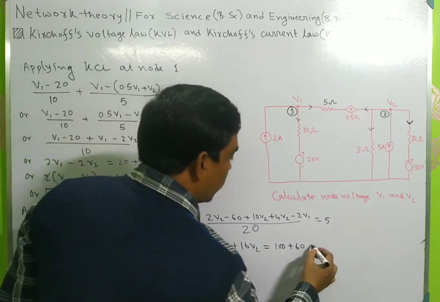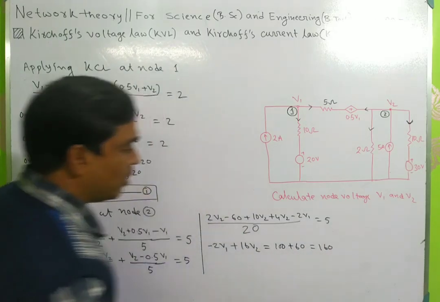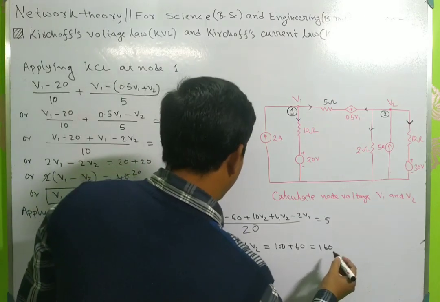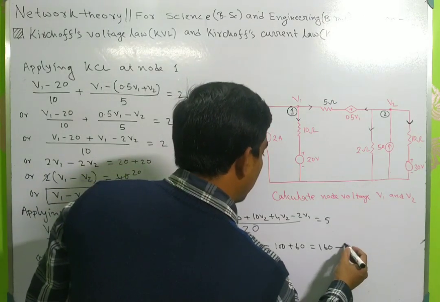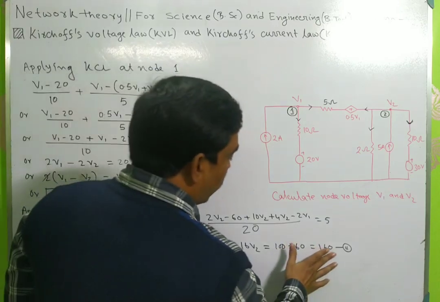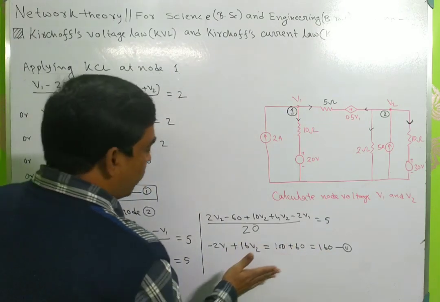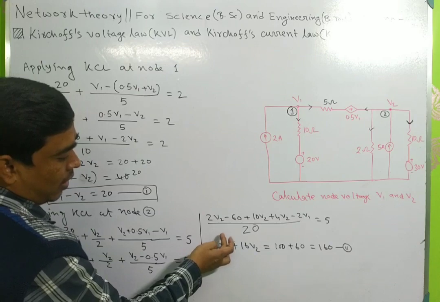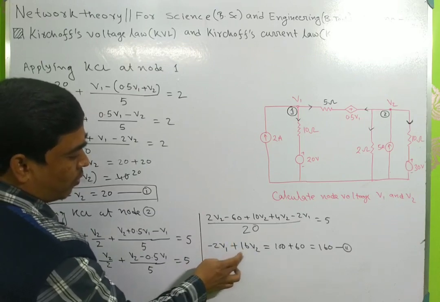So it will be 160. This is equation number 2. You can also simplify by taking 2 common from this equation.